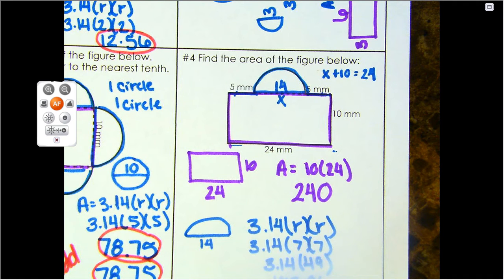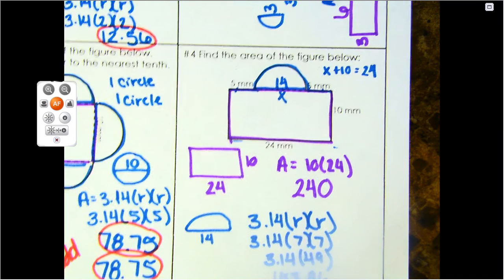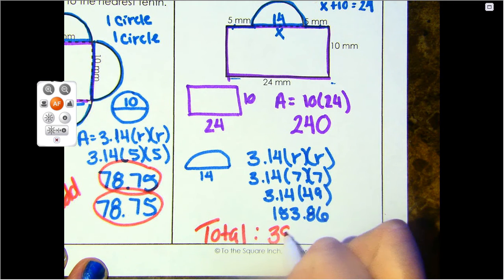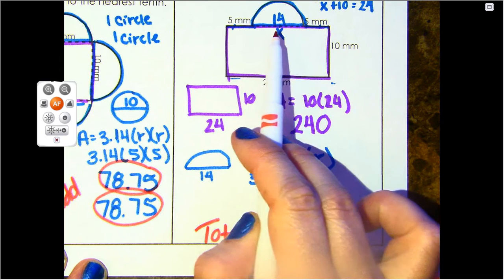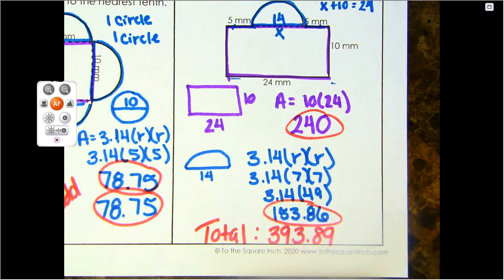So 240 plus 153.86 has a total of, oops, my bad, 393.86. So the total area, you have to add all your shapes together. So again, I added 240 plus 153.86 and got 393.86.